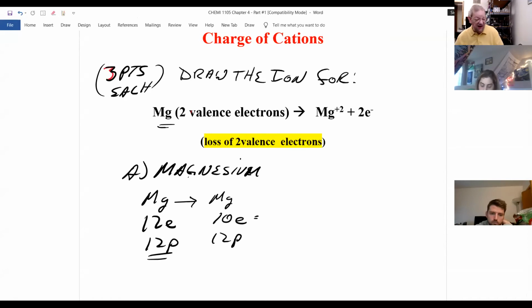Now let's do some high-level math. There are 10 electrons and the charge on an electron is -1. Remember, it's a minus charge. You have 12 protons. What's the charge on a proton? +1. I'll do the math. This is -11. This is +12.